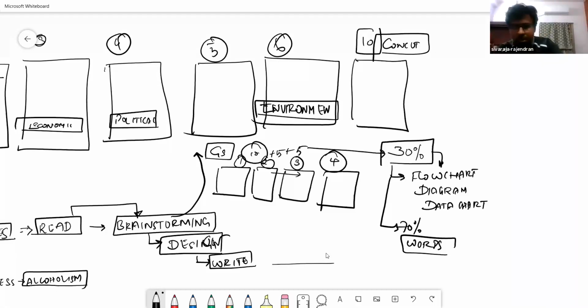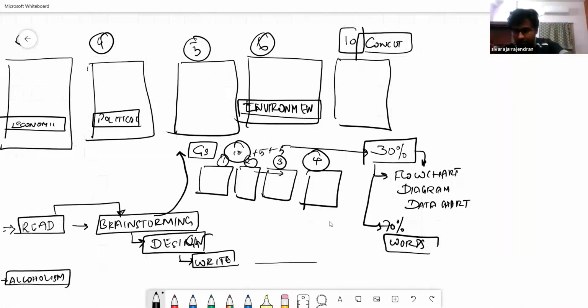I am saying this based on size, percentage wise, not paper wise. So in 4 pages, in 30% you should see some diagrams and flow charts, and the rest should be words.